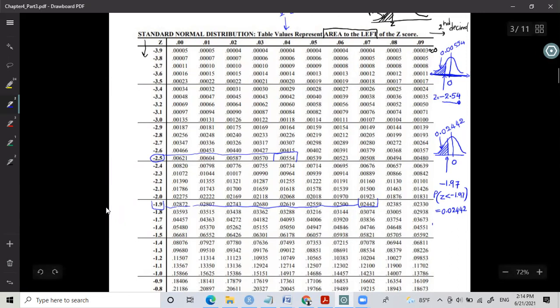Now with that, can you find the probability Z is greater than negative 1.97? What is that area? Greater than 1.97. That is the right side of the tail. How do you find that probability? What is the rule that you can use?